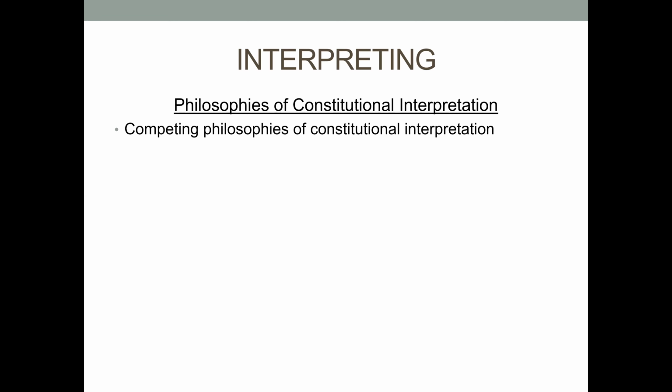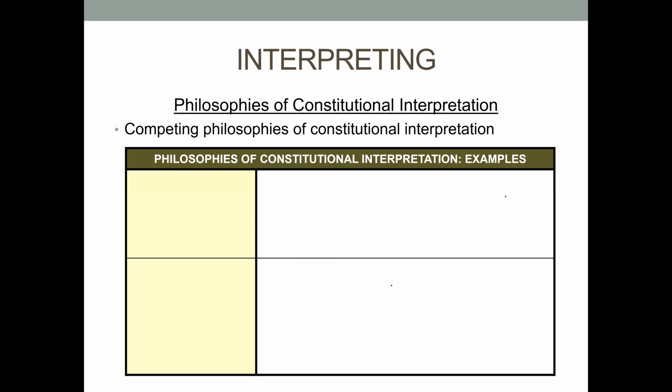So I want to set forth, in admittedly oversimplified terms, two conflicting and competing philosophies of constitutional interpretation. On the one hand, you have what people would tend to call the conservative view. It's also called the textualist view or originalist view.